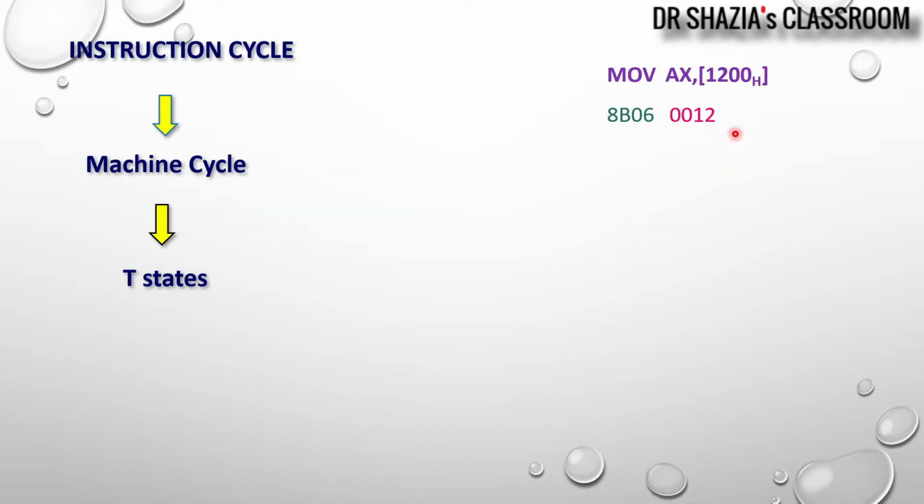So it will fetch this particular machine code. As 8086 has only a 16-bit data bus, it cannot fetch this 32-bit machine code in one bus cycle. So it will first fetch 8B06 in one bus cycle, then it will fetch 0012H in the next bus cycle.